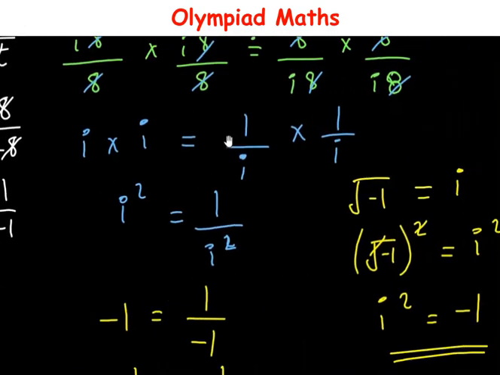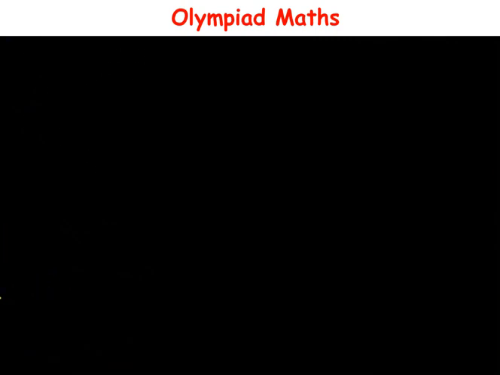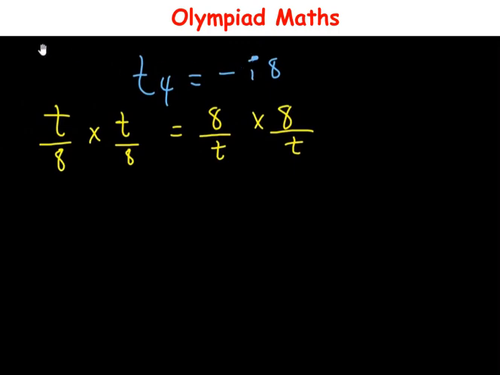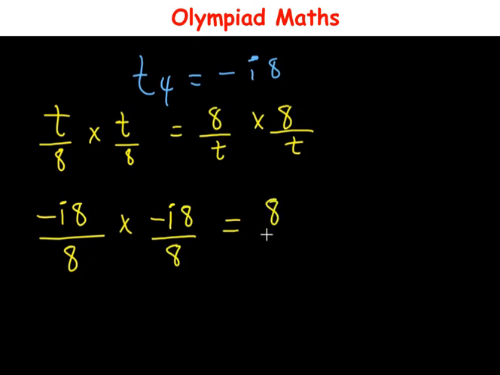So for T4, which is minus i times 8, the equation is T over 8 times T over 8, which equals 8 over T times 8 over T. So putting the value of T4 as minus i times 8 into this equation, T becomes minus i times 8, so minus i times 8 over 8 times minus i times 8 over 8 will equal 8 over minus i times 8 times 8 over minus i times 8.